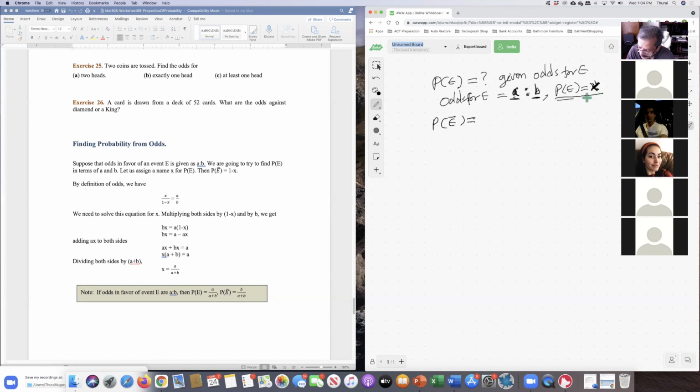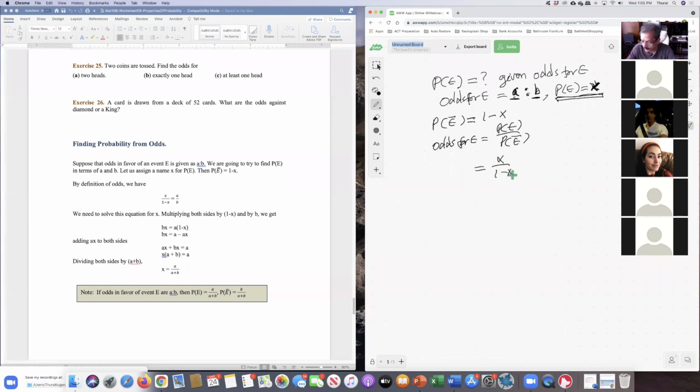Probability of E is X. What is the expression you can write for probability of E bar? 1 minus X, very good. Because probability of E and E bar add up to 1. So therefore probability of E bar would be 1 minus X. Now I'm going to write the odds using these numbers. Odds for E will be probability of E over probability of E bar. And so that's equal to X over 1 minus X.